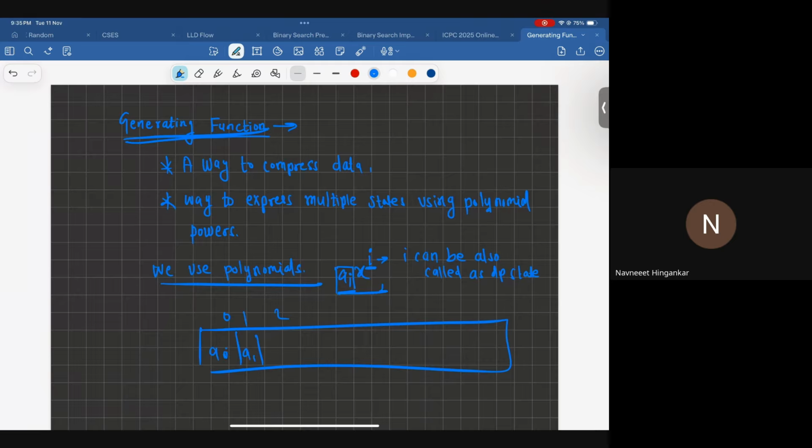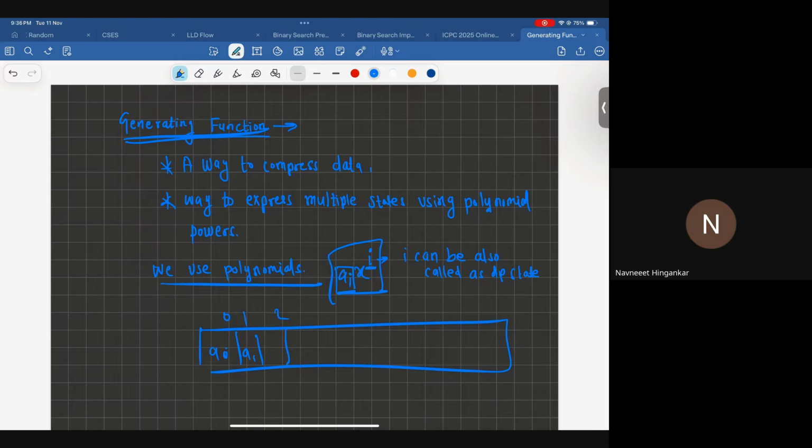Instead you write it in terms of a polynomial. This will also help you understand knapsack if you try to learn it in a good way. Knapsack is very simplified using this, but we will discuss very basic cases today.